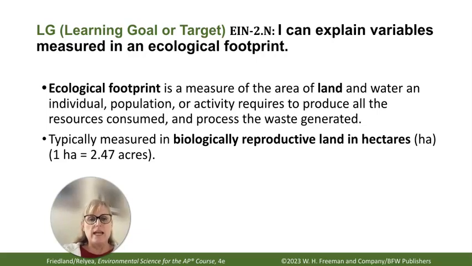So actually just think of land needed to produce all the food you eat, all of the plants that go into things like cotton for your clothing, or mining for your electronics, or mining for fossil fuels, or drilling for oil for a car.